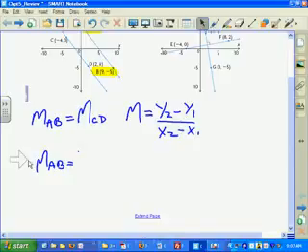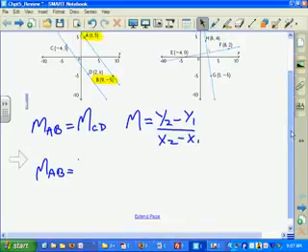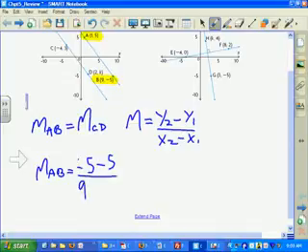So given that, my points are y2 is -5, y1 is 5, over x2, which is 9, and x1, which is 1. No, it was minus.